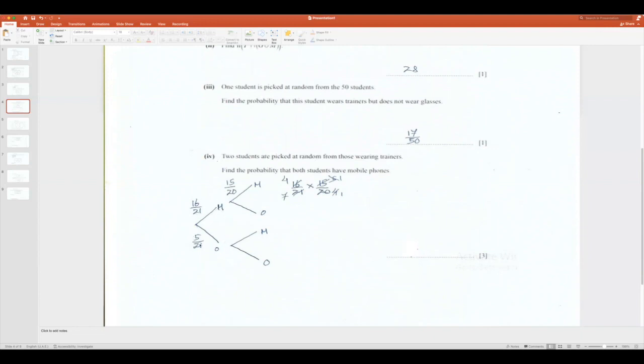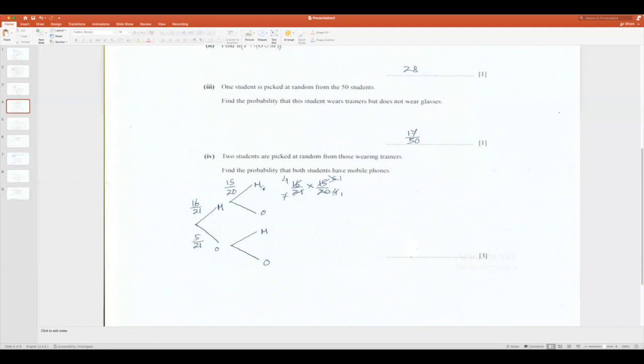Then the balance is 5 over 21. Then we take the second child. One child has been taken, so only 20 are there, and only 15 have mobile phones.